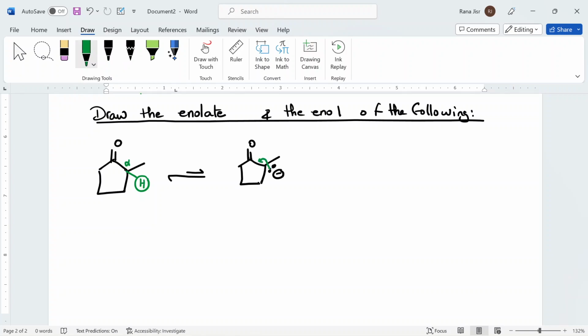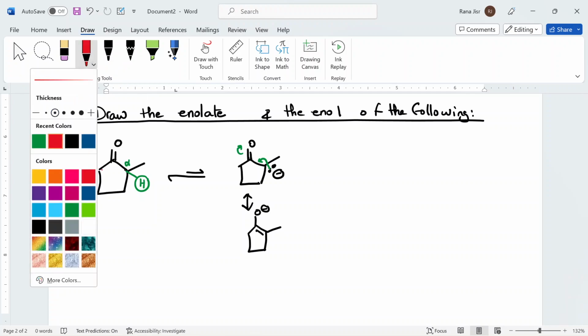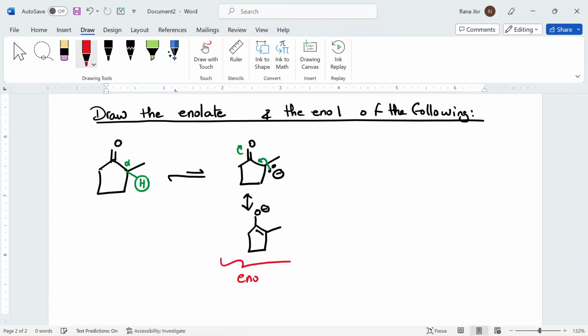The enolate is going to undergo resonance, and this is going to form a double bond. It's going to form an O negative charge with a CH3. We said that both of these we're going to call enolates.